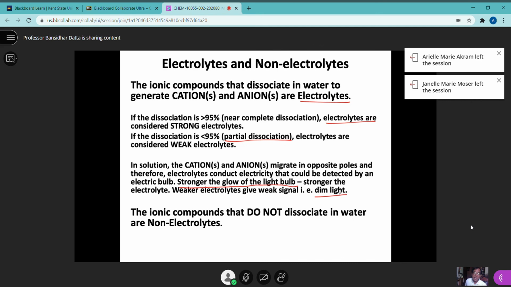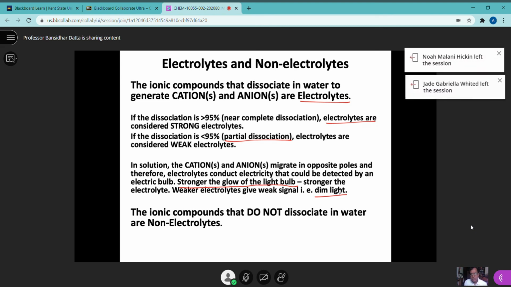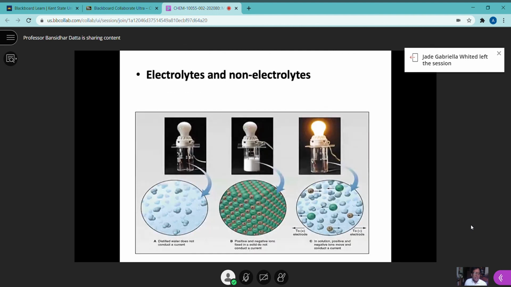So that's how you can test whether an ionic compound is a strong electrolyte or a weak electrolyte. And the non-electrolytes don't dissociate, so there is no electric current and no light.